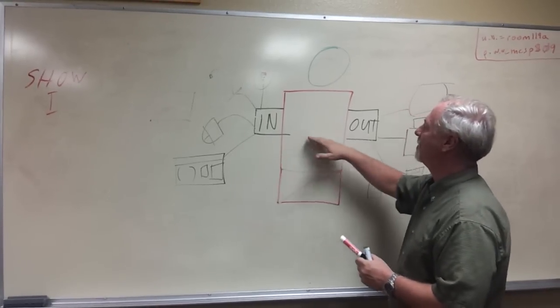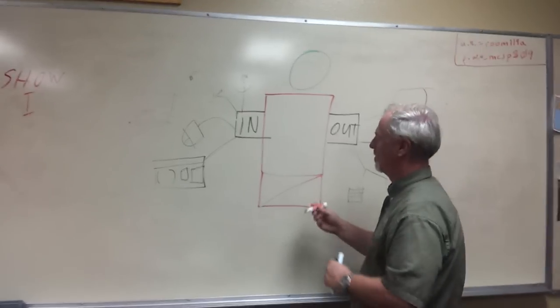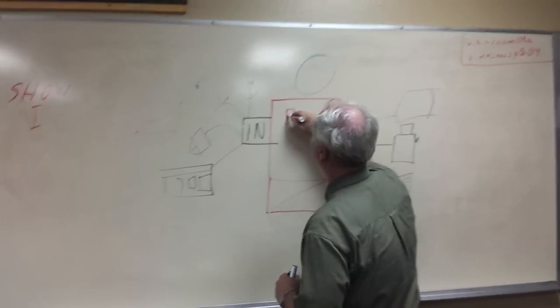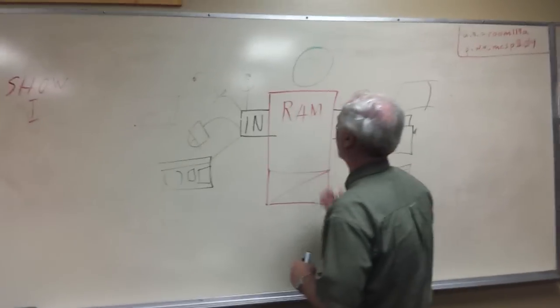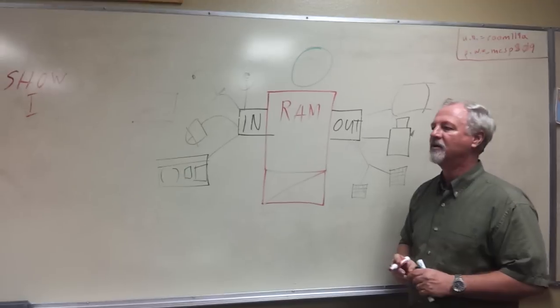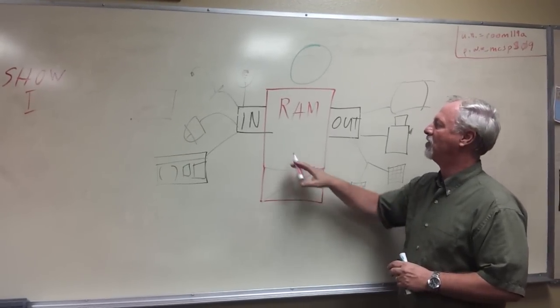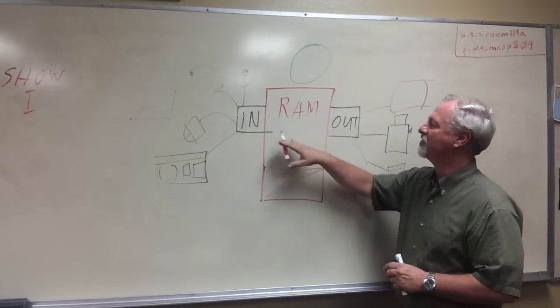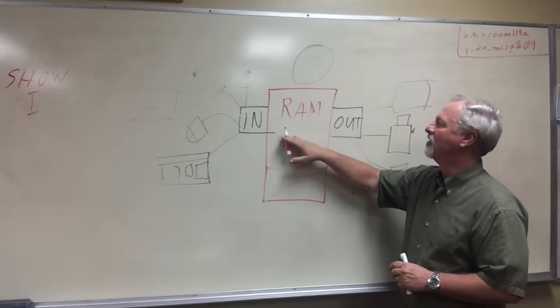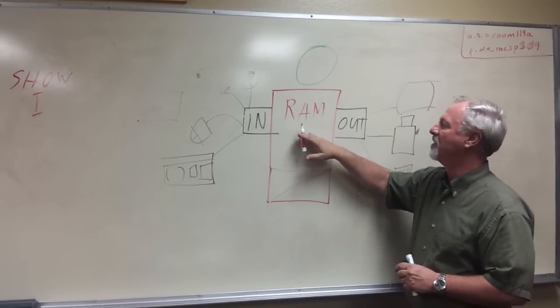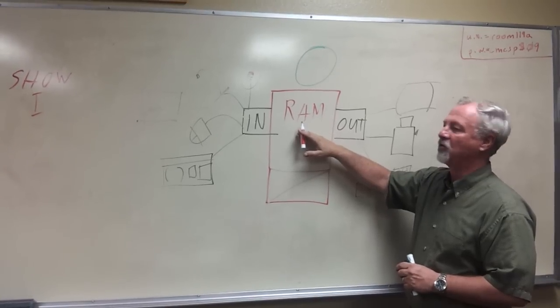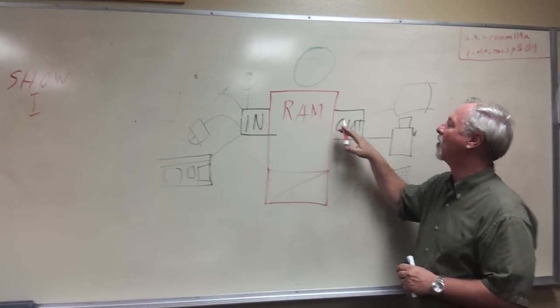We input to RAM, random access memory, sometimes called working memory, because this is where we put things while we work on them and manipulate them during processing before we output them.